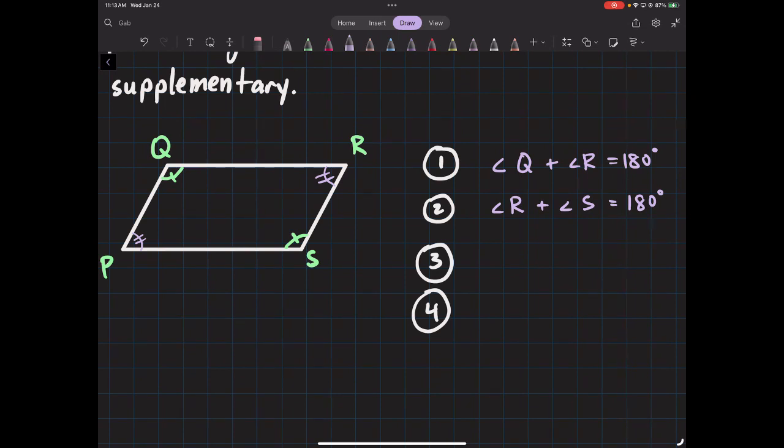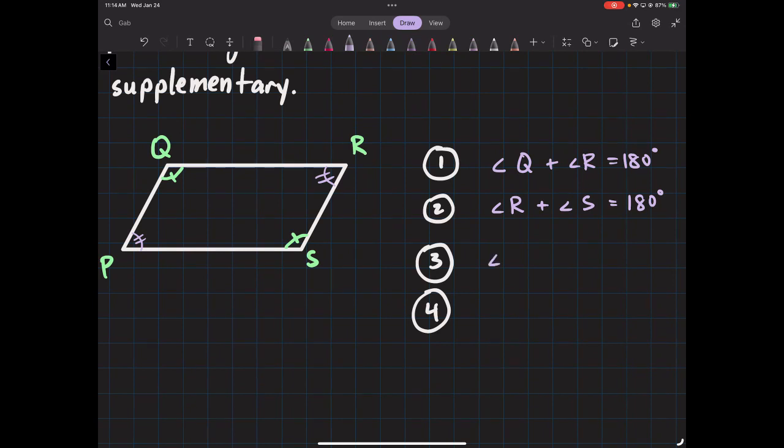Alright, Eli, what's next? Do you wanna think about it a little bit? Choose one of the angles that we haven't touched yet. P. Okay.